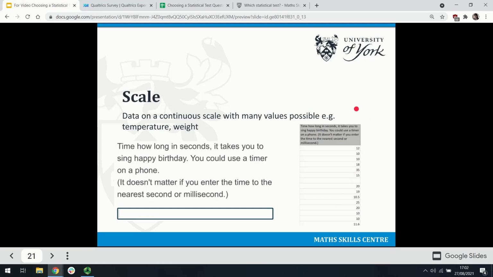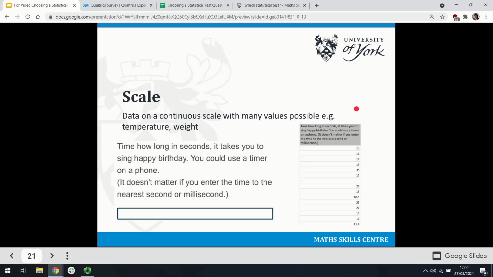The third type of data is scale or continuous scale. And you recognize scale data because you've got many possible values. So unlike Likert data, where you've just got, say, 1, 2, 3, 4, 5, and it can only be those 5. With scale data, it's almost like any value is possible. So think about if you were taking temperatures of days, it could be 10, 10.5, 15, 23.6.